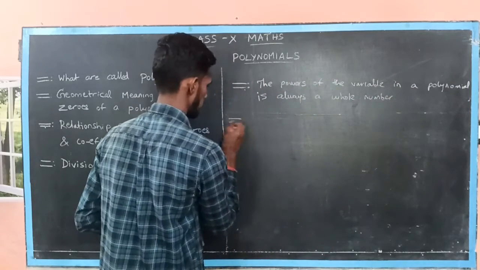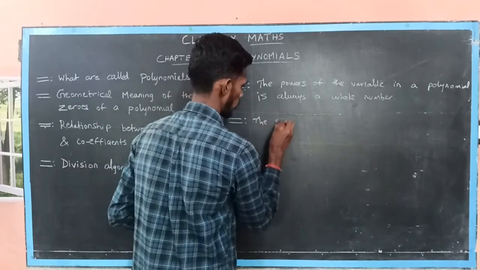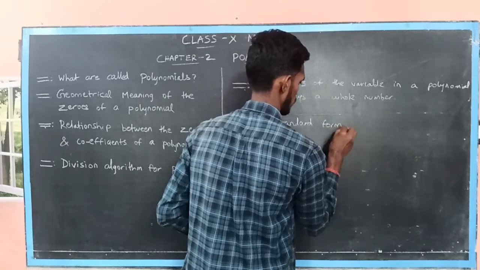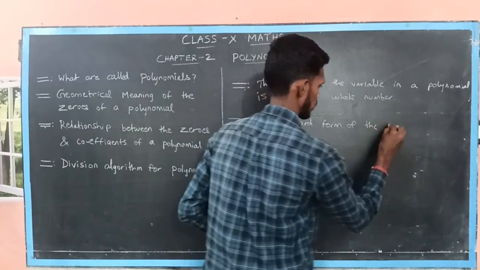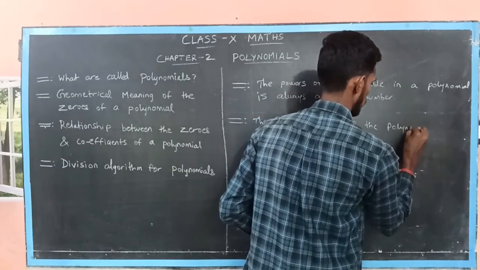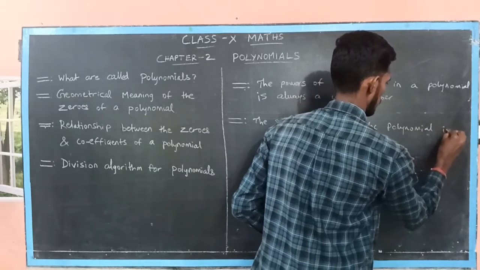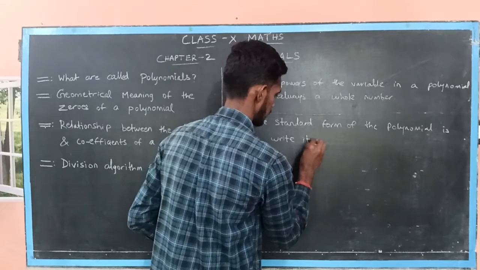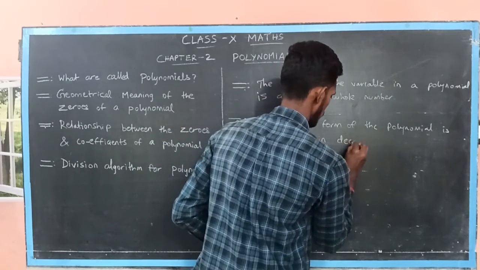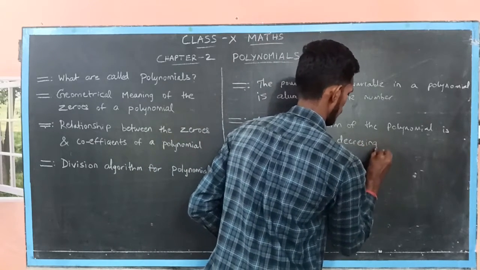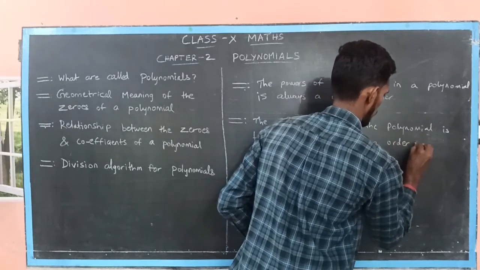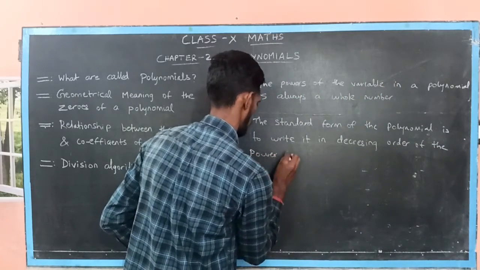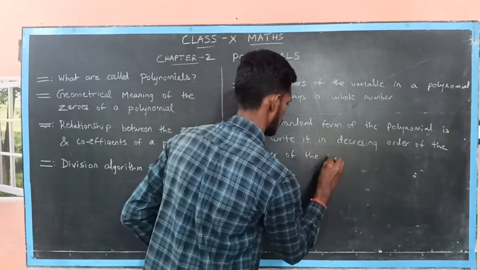Then the standard form of the polynomial is to write it in decreasing order of the power of the variables.